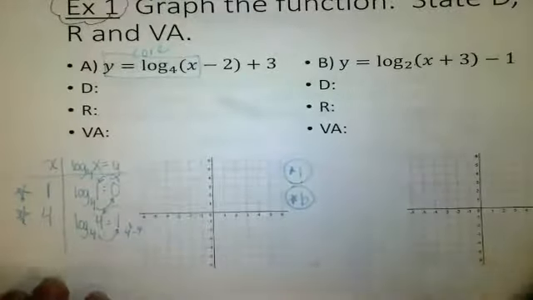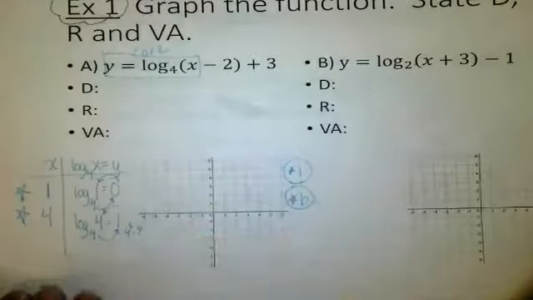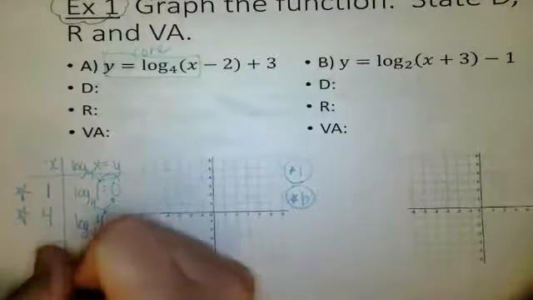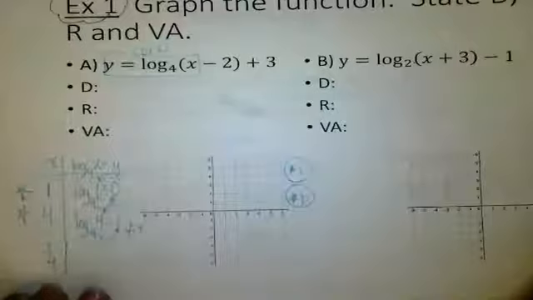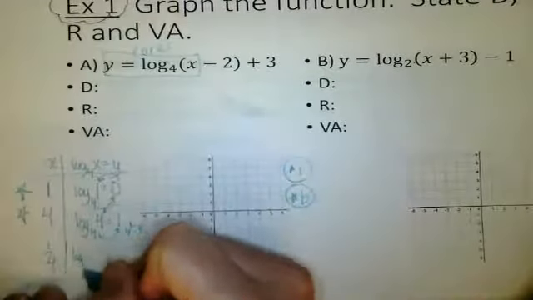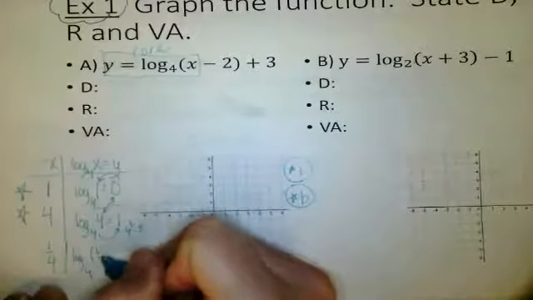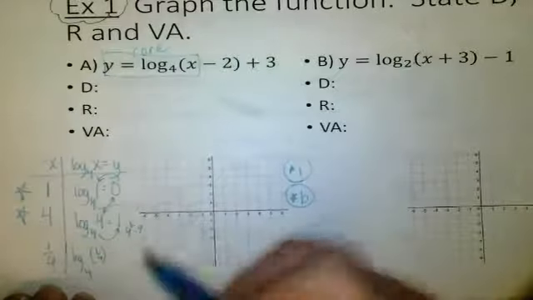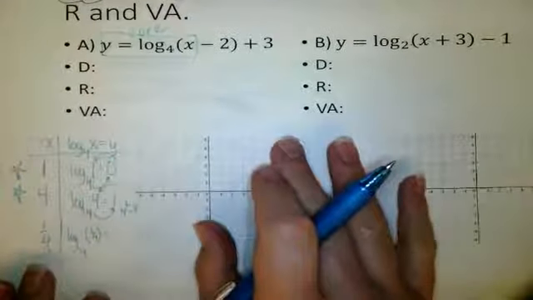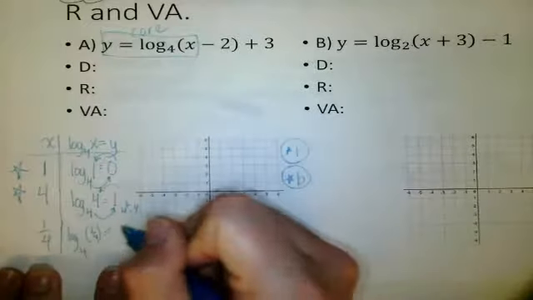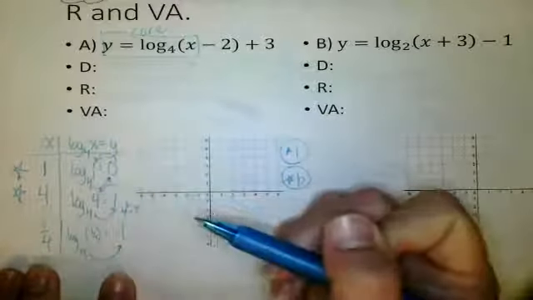All right. We could also use another number, and I'm just going to do this one time. 1/4 is also an excellent choice. Log base 4 of 1/4 equals what? -1. 4 to the -1 power.